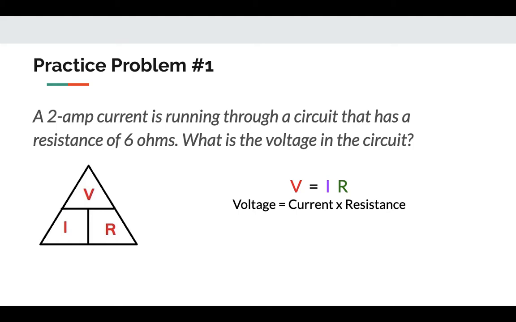So now I'm going to take a look at the problem and figure out what numbers to plug into which places. For the current, I know the current is 2 amps. I know the resistance is 6 ohms. I plug those two in. I plug my numbers into my calculator, and voila, my voltage is 12 volts.